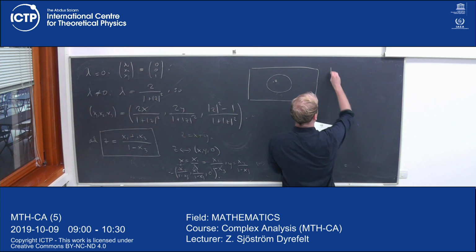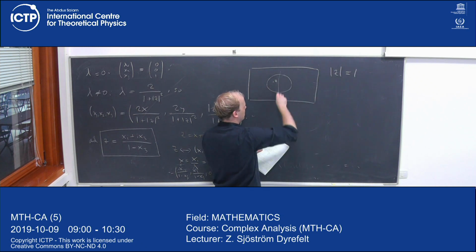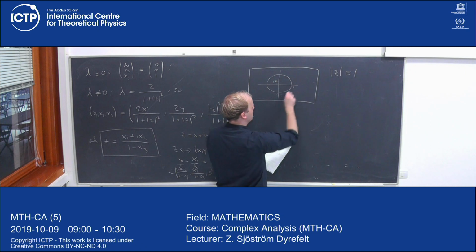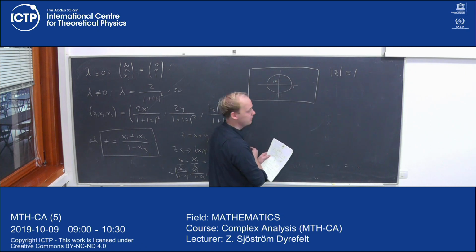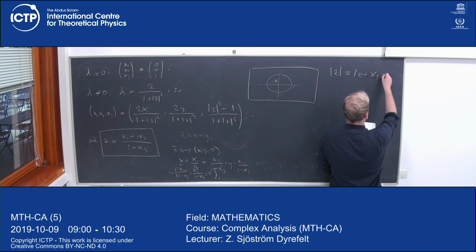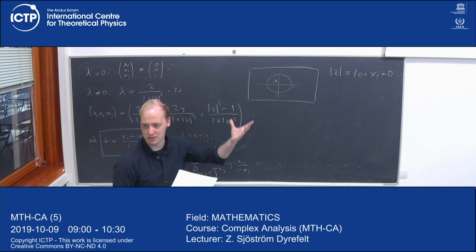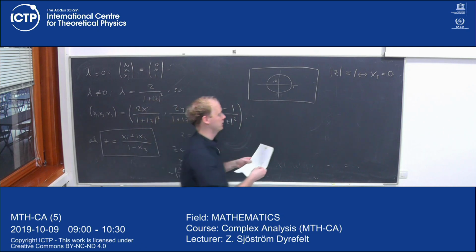Okay, so let's make this remark. So if z is somewhere on this, so this is the unit circle now, okay? So this is one. So if z is somewhere on the unit circle, then this corresponds to x3 being 0. So then you associate something which is still on the intersection point.